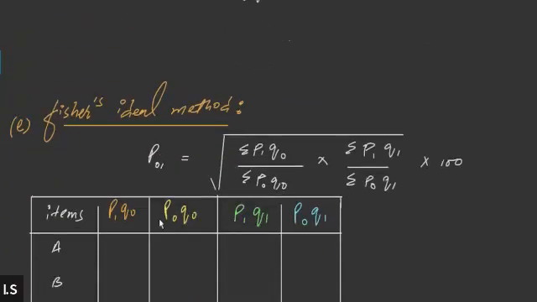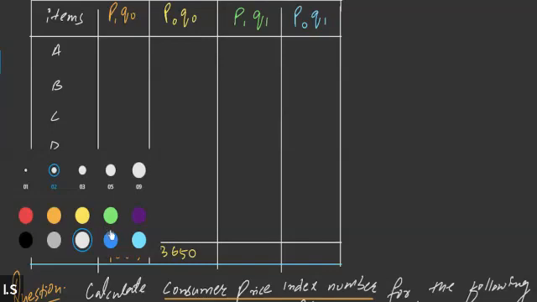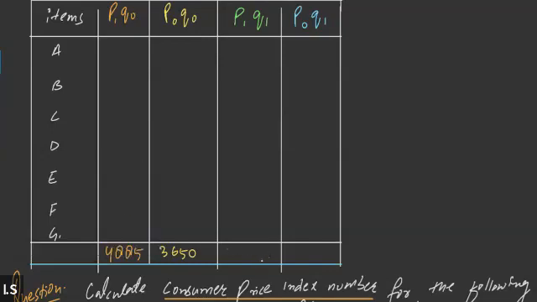Now we have to find out P1Q1. Find out the sum total of the product of P1Q1 and then P0Q1. Okay. Sir, got it.